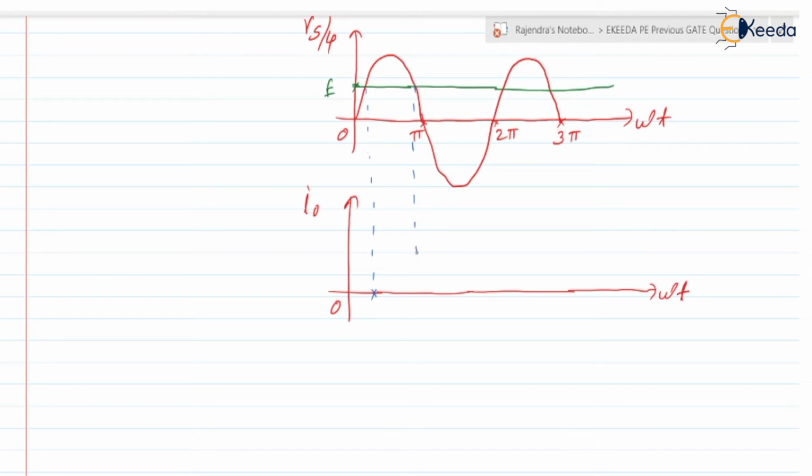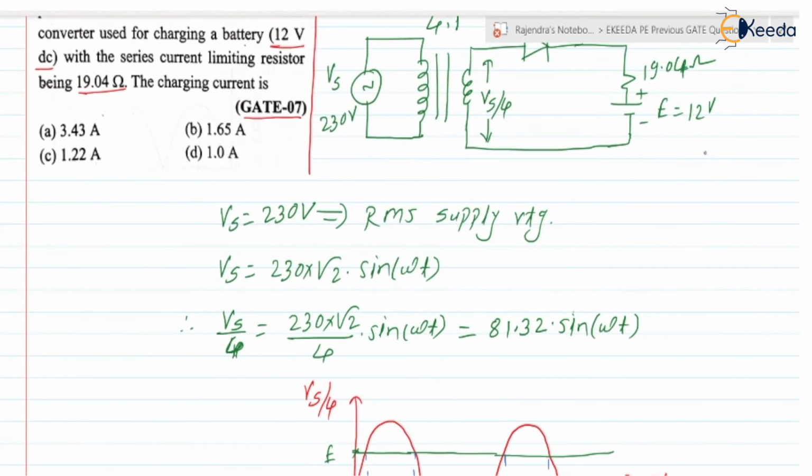From theta to pi minus theta, the I0 will be non-zero because the diode will be in conduction, when Vs by 4 is greater than E.